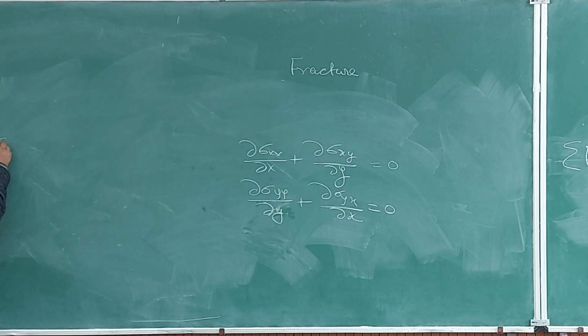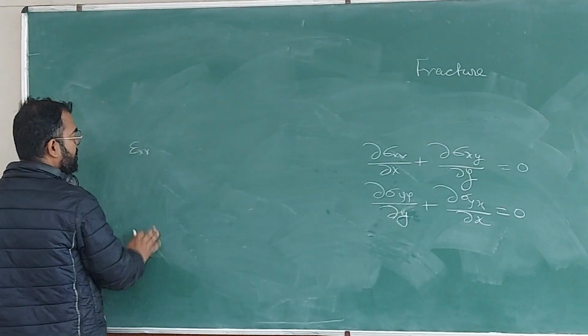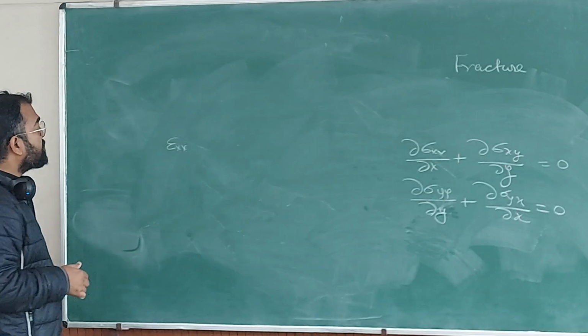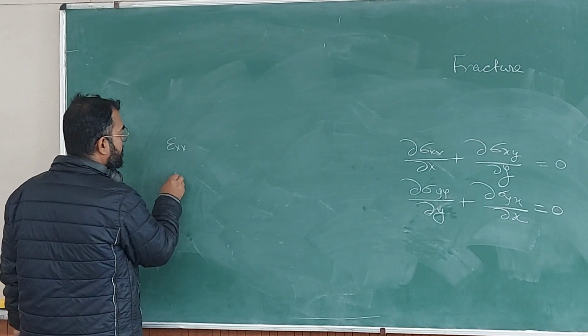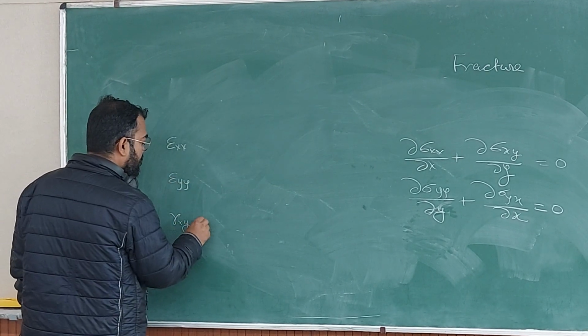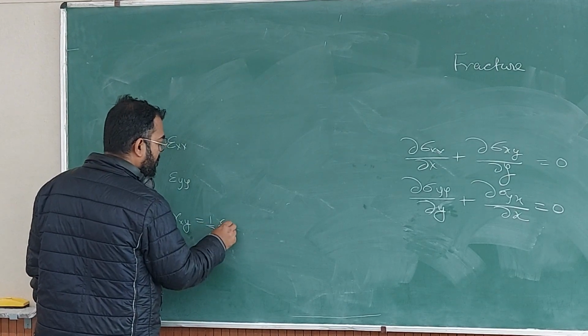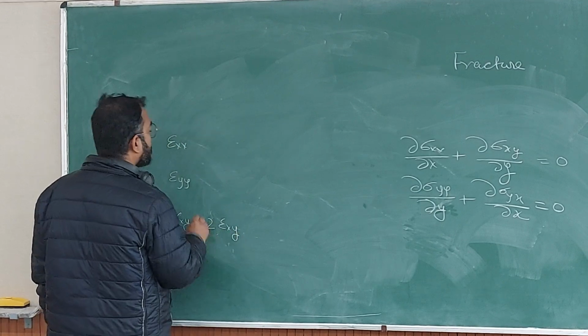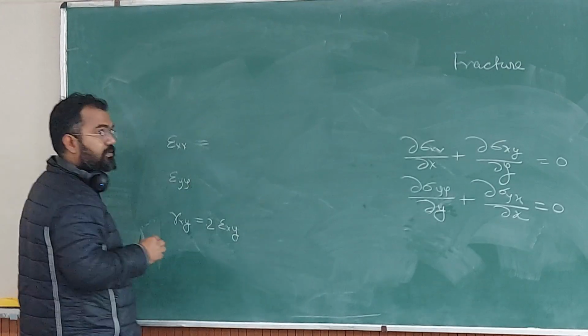So how many strains will we have? How much time do we have? Okay, we have some time. So epsilon xx, epsilon yy, and gamma xy, which is double of epsilon xy, not half, right? So epsilon xx is what?